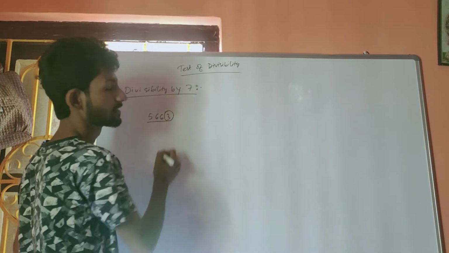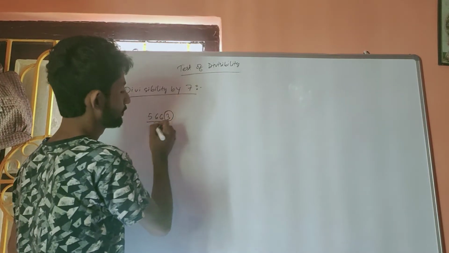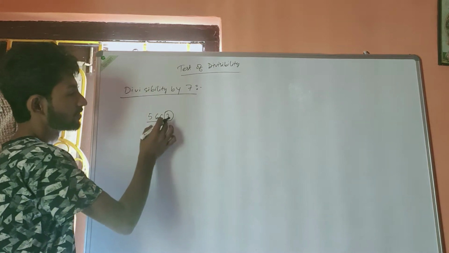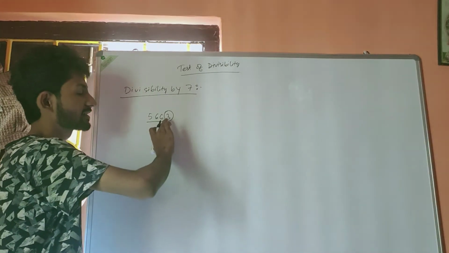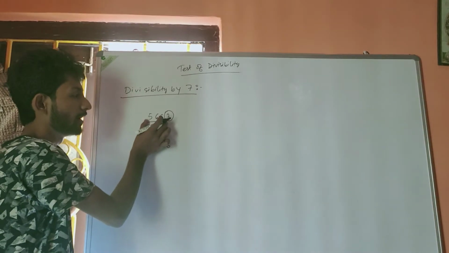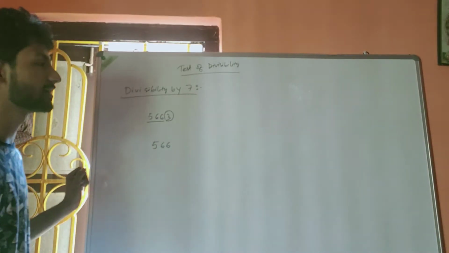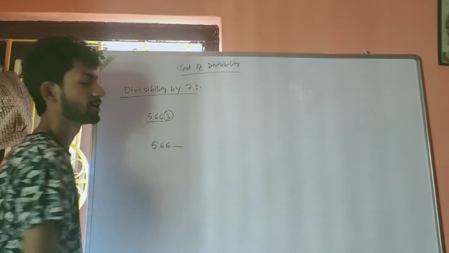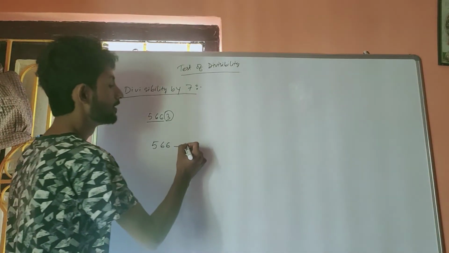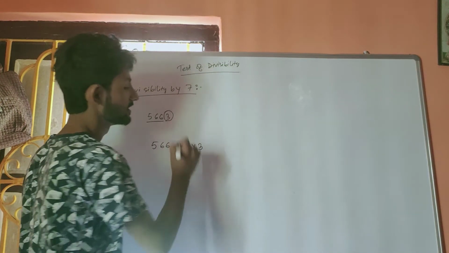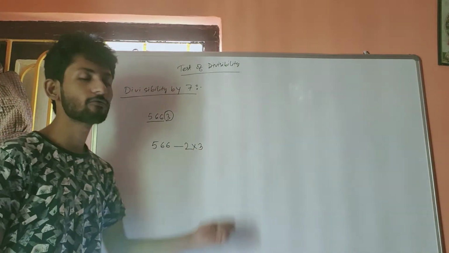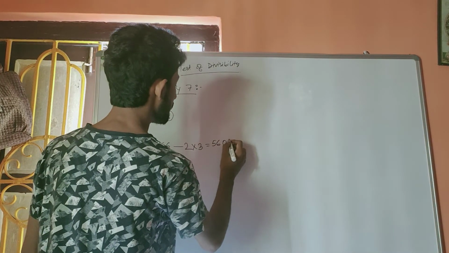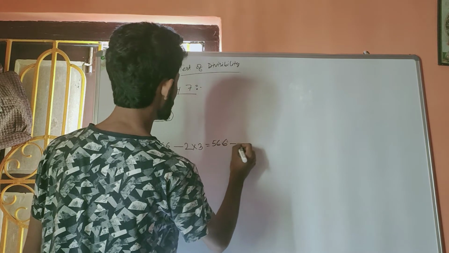Whatever the last digit is, you have to subtract. Except that last digit, the number formed by the remaining digits is 566. It will be subtracted by twice the last digit. Now we have to check what will come.